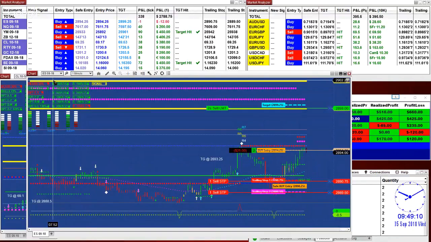So now what we need is, this ES is struggling in that area at the moment because of this double resistance.